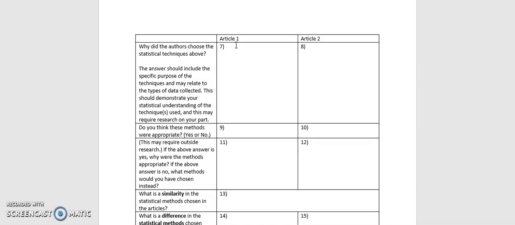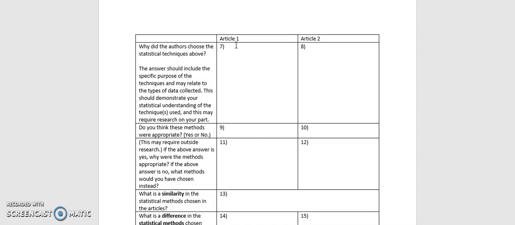Okay. For example, an independent samples t-test compares the mean of two independent groups. Okay. So we need to be very specific about why they use that. And it might require research for whatever technique you chose from the article. If we haven't covered it in class yet, you might need to research it.